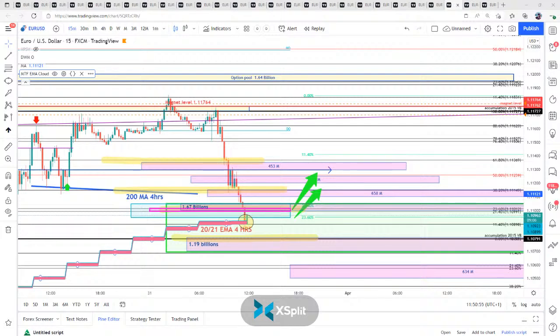So wait, I'm just closing something here. Okay. So we are starting to bounce. As you see, we are already 6 pips up. I am 6.5 pips up on my long now. From there, I closed the highest one. So now I'm holding only the bottom.